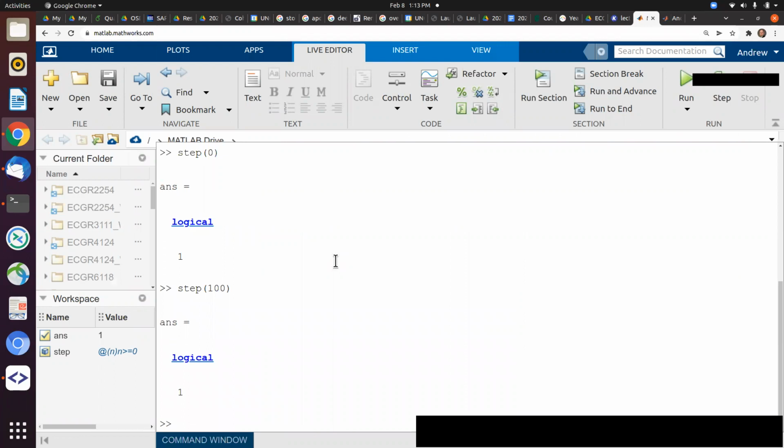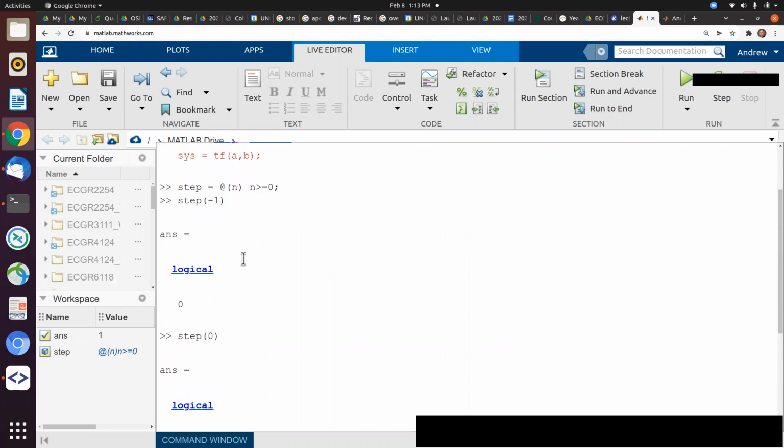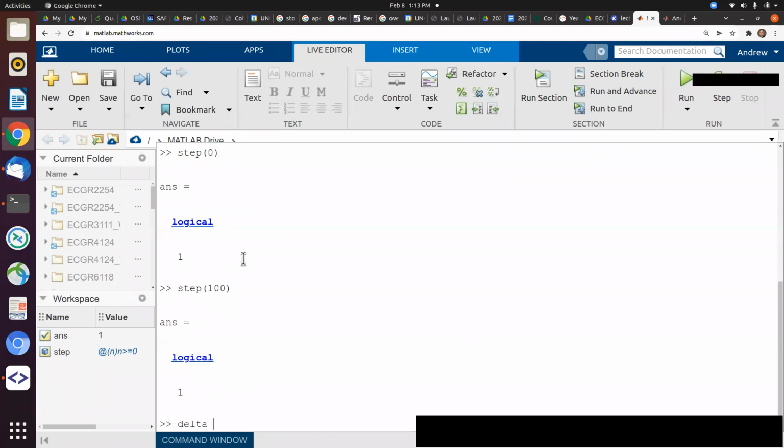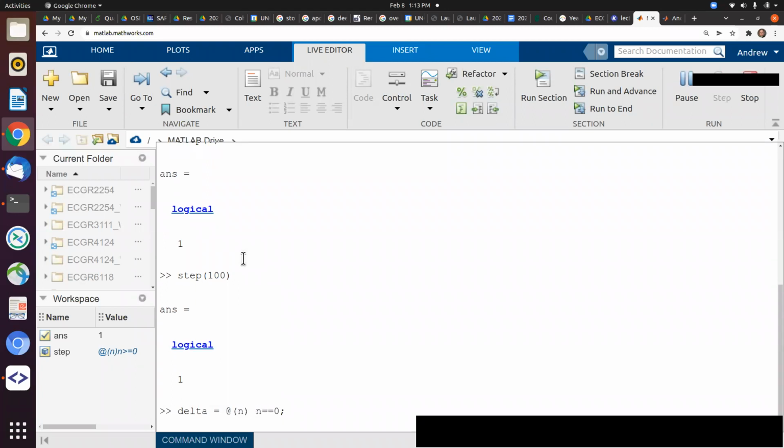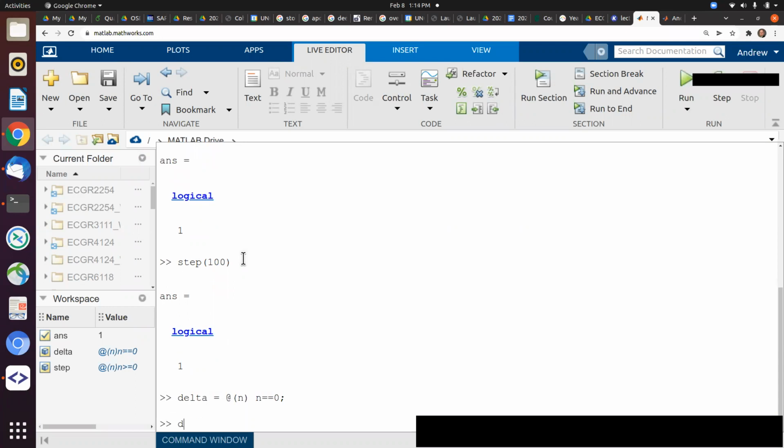So now, forget Heaviside. You can make your own out of an anonymous function in one line. You can also do that for the delta function: delta equals @n, and then you return n equals 0, and then you're done, right? So delta of 1 is 0 and delta of 0 is 1.